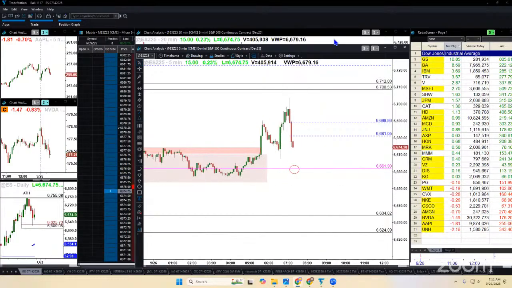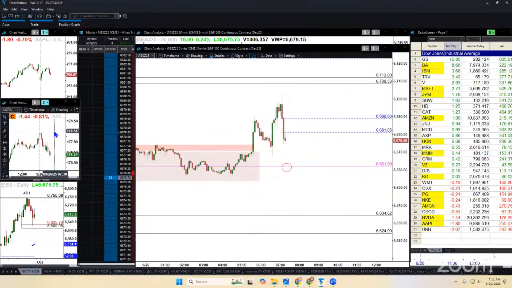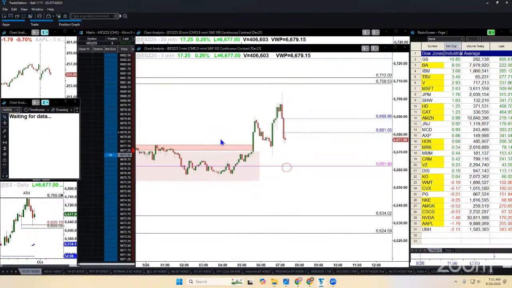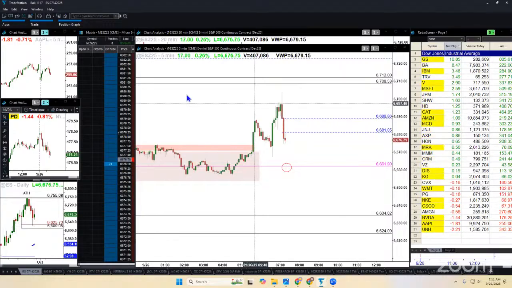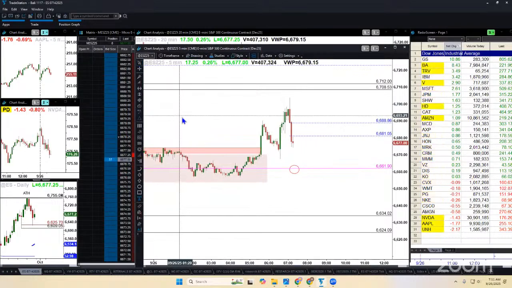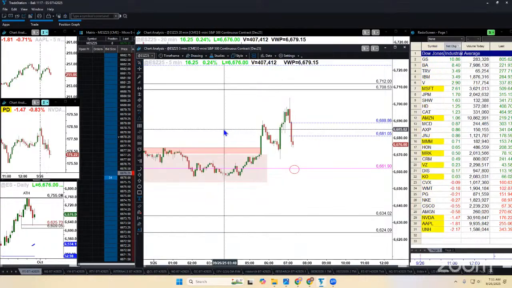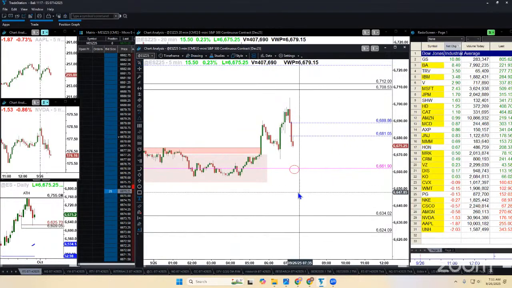Looking for the gap fill on the S&P. We now have the Apple and Nvidia going in the same direction. Number of Dow stocks negative, we have 3, and we have 11 positive, leaves us 8 times 2. Cash and futures are balanced again. Better trade entry opportunities are when futures are oversold or overbought relative to the cash market.